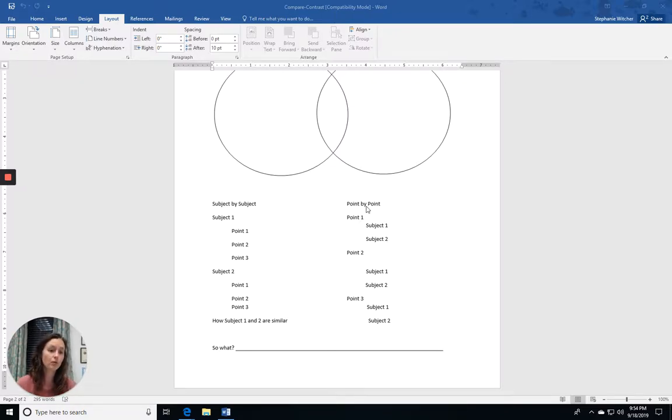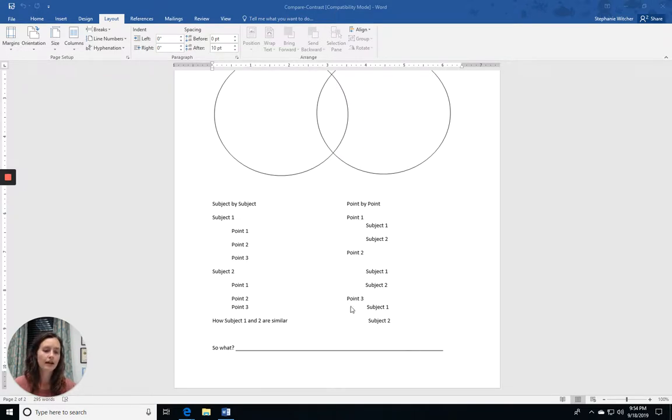The other one is point by point. And so it's basically the flip-flop of subject by subject. So over here, what I'm doing is maybe I talk about the types of papers you have to write, and then I tell you about English 101 versus English 102. Okay, then I go down to the next one. I talk about vocab and grammar, and I tell you about English 101 and English 102.